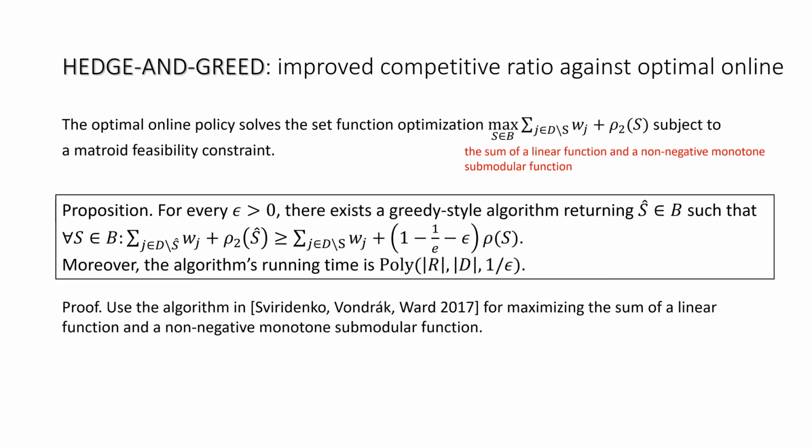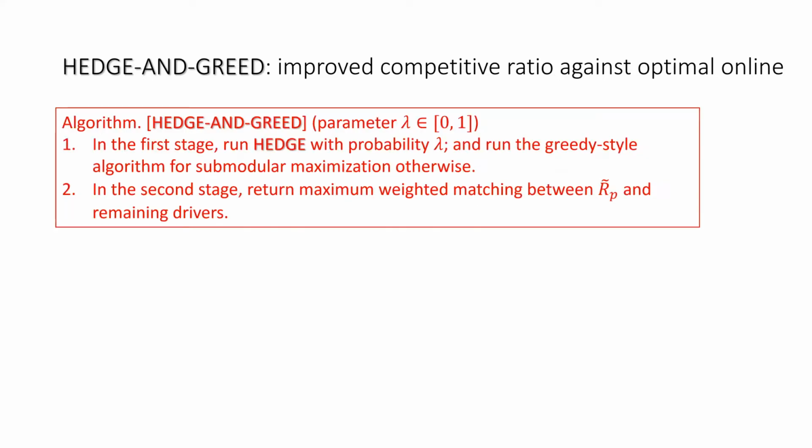It has been studied in the literature that there exists a greedy style algorithm for maximizing the sum of a linear function and a non-negative monotone submodular function. With this greedy style algorithm in hand, we are able to present our second algorithm, hedge and greedy.